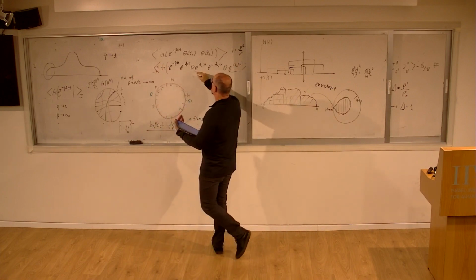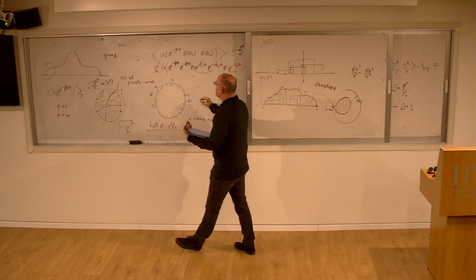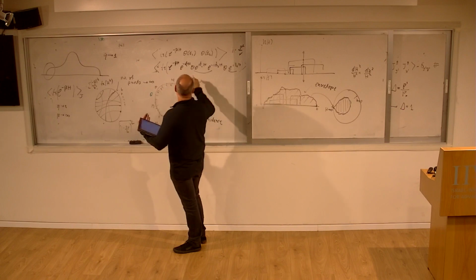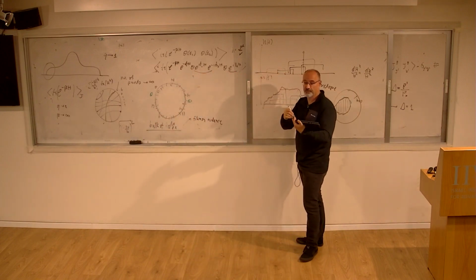And then I expand each of these guys into a monomial of H's. So I'm going to have lots of insertions of H's in all of these lines, and then there's going to be an insertion of O in two places.